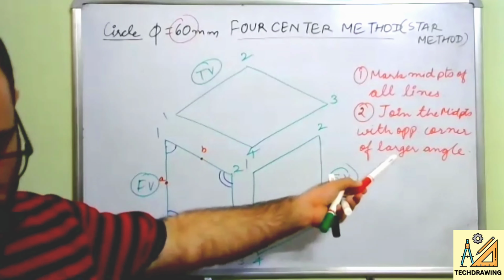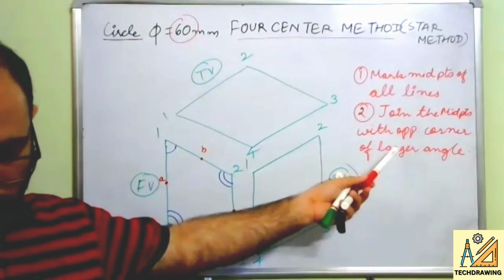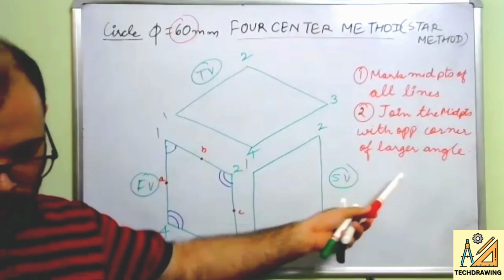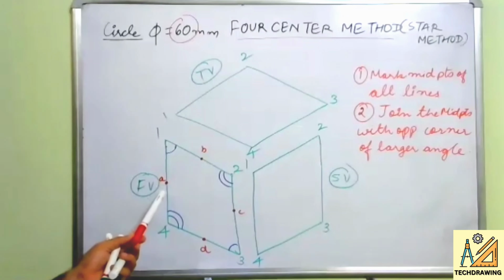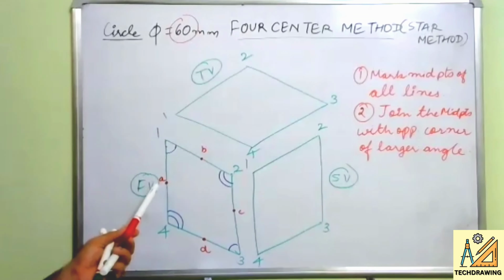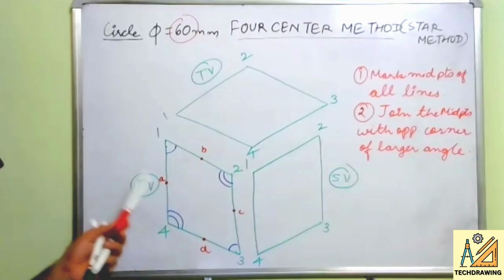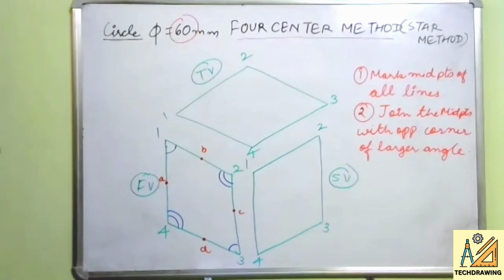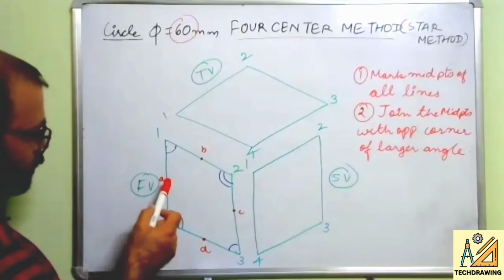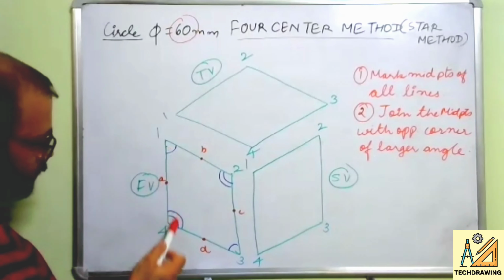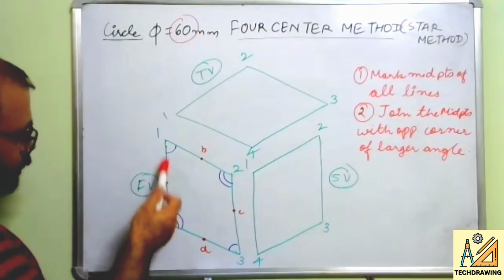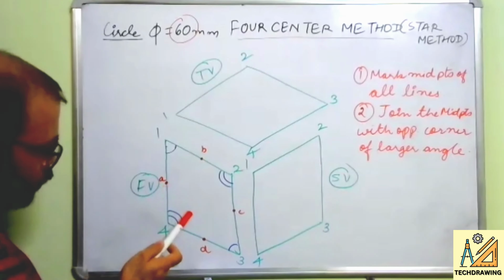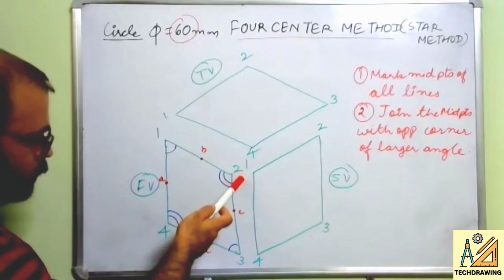According to this, join these midpoints with the opposite corner of larger angle. If I am talking about midpoint A, the corner which is opposite to it and larger is 2. Corners 1 and 4 are already joined. Two opposite corners are left, one is 3, other is 2.